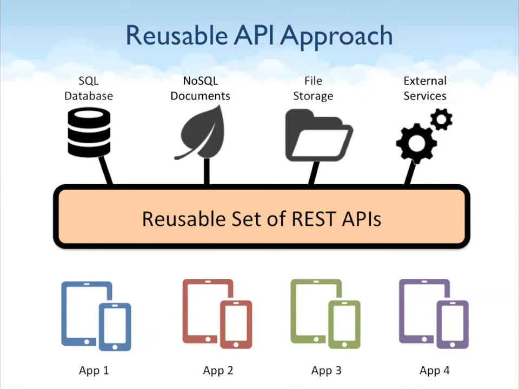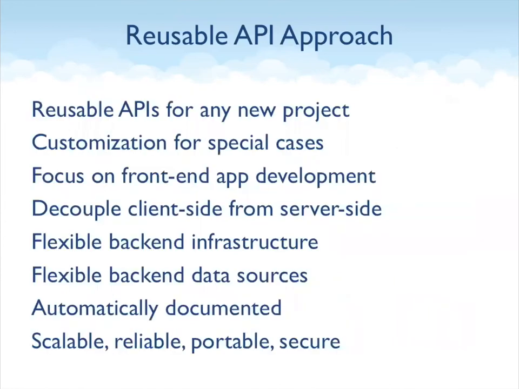So this is a platform in the same way that, say, Microsoft Windows is a platform. You don't have to ask Microsoft for new APIs. You don't need new APIs to build new apps. And then you can build all of your apps on this platform. It's a much more rational way to move forward. And so some of the characteristics of this approach are that you have reusable APIs for every project.